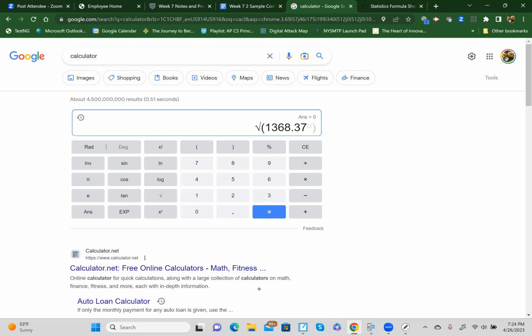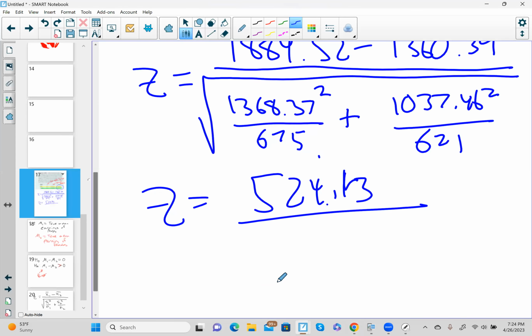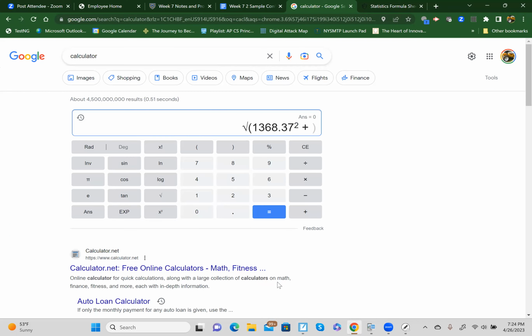If you press x to the y 2, now you can see that exponent. Then I'm going to do plus, and then the other number was 10,037.46. So here we go. 10,037.46 x to the y squared.